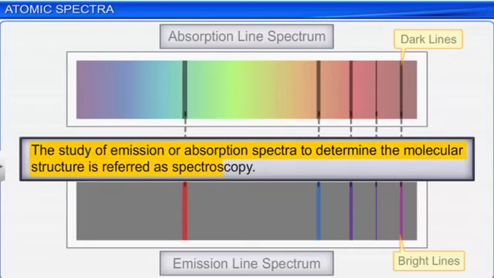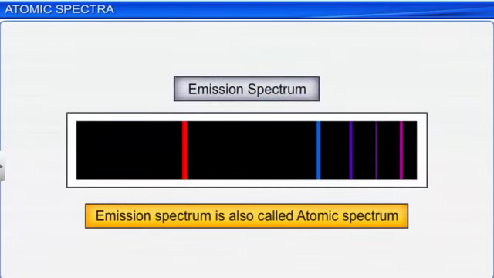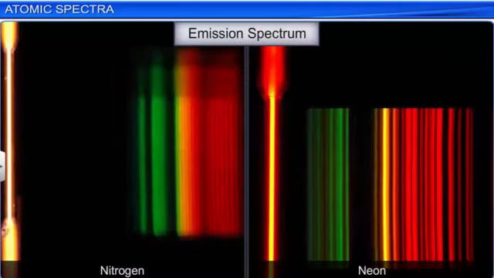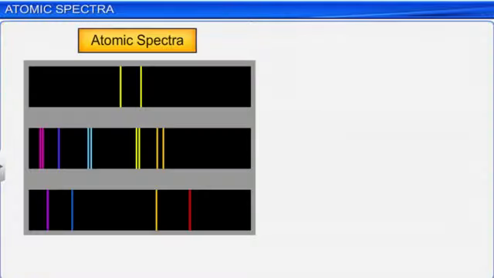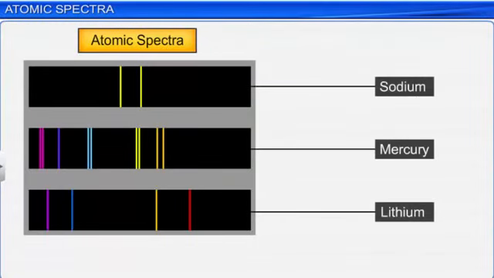The emission spectra are also sometimes called atomic spectra, because each atom has a unique emission spectrum, just like each human being has unique fingerprints. The characteristic lines in atomic spectra can therefore be used in chemical analysis to identify unknown atoms.